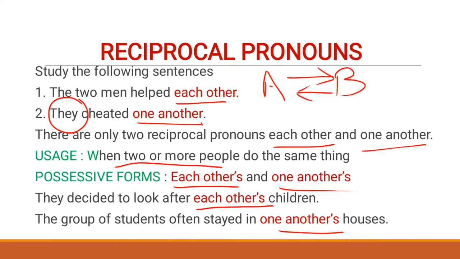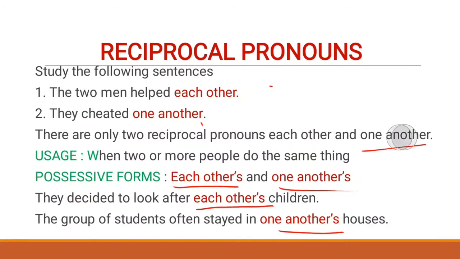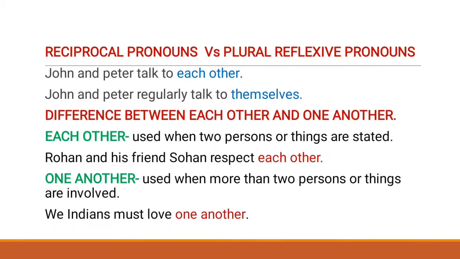As you know, possessive form means when something is being possessed by someone. And that is why we will be using the possessive form of each other and one another as each other's and one another's. Now, let's talk about typical errors with reciprocal pronouns.